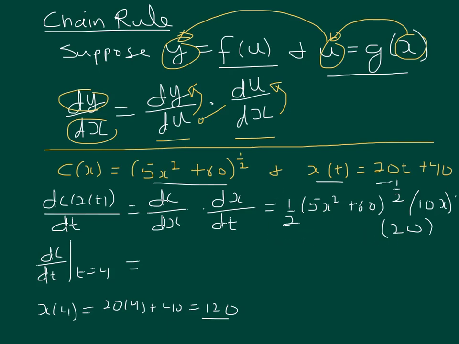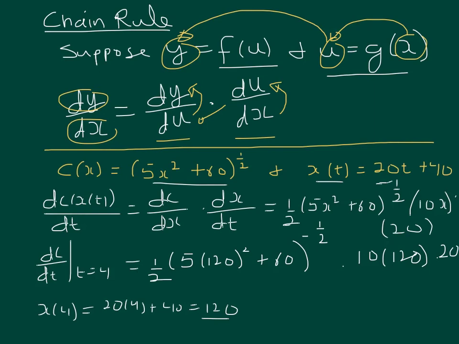So dc/dt at t equals 4 is nothing but 1/2 times (5 times 120 squared plus 60) to the negative 1/2, times 10 times 120 for x, times 20.